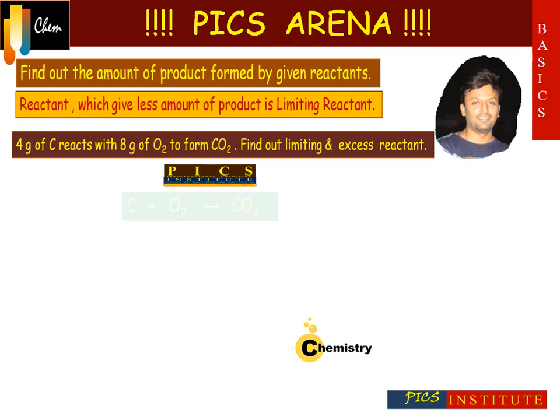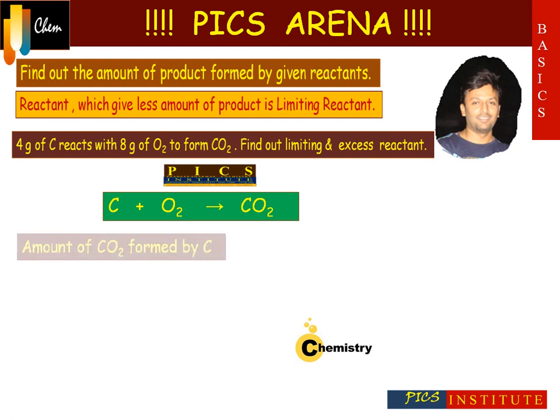So first of all, you have to write the balanced chemical equation. And now from point number 1, find out the amount of product formed by the given reactants.